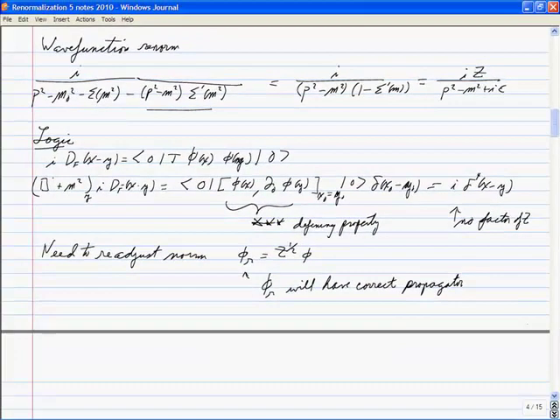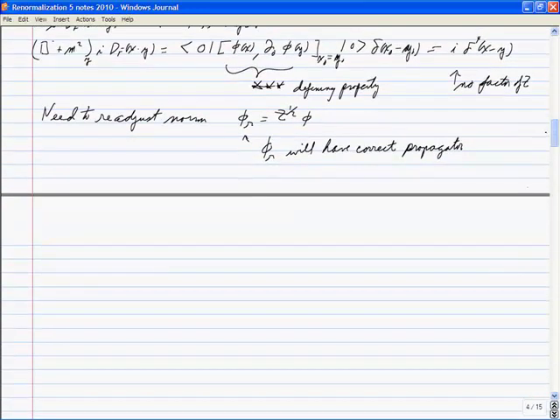Now, this isn't something that's special to field theory. This happens even in quantum mechanics. So let's do quantum mechanics, just to show you.